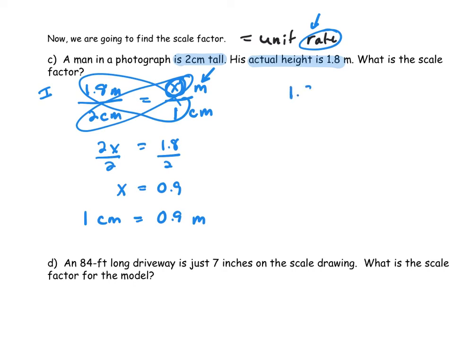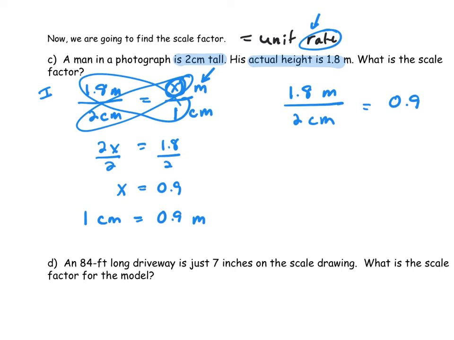We start again with the real divided by the model. And when we do, we're going to go right to the answer. So this would be 0 and 9/10. And the meaning of that is 0 and 9/10 for every centimeter that we measure on the model.